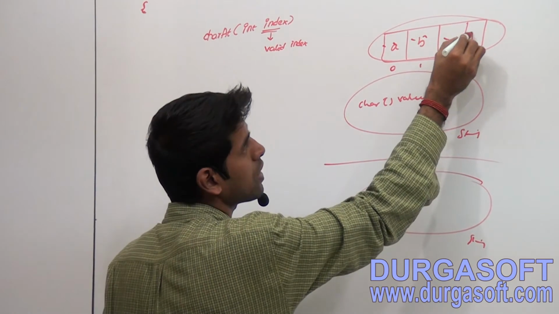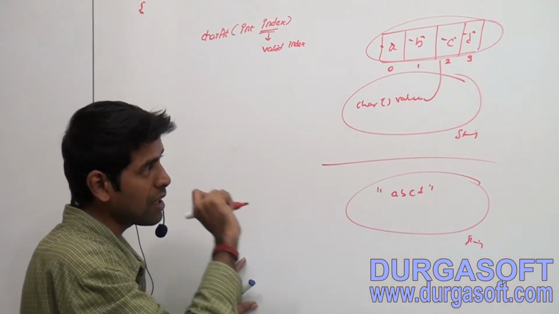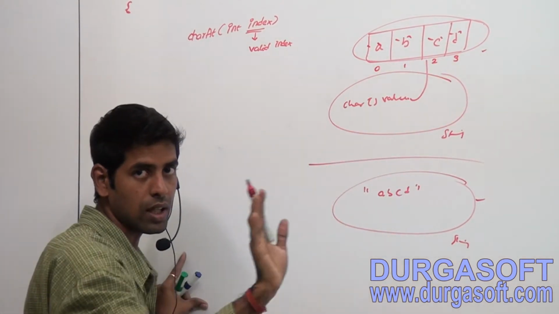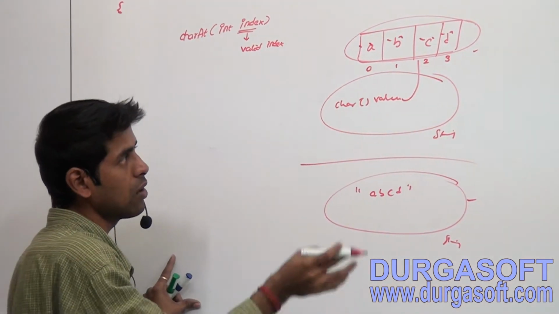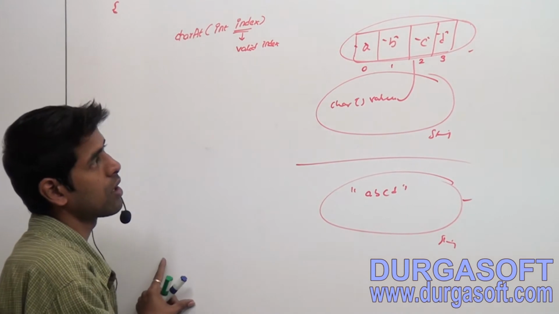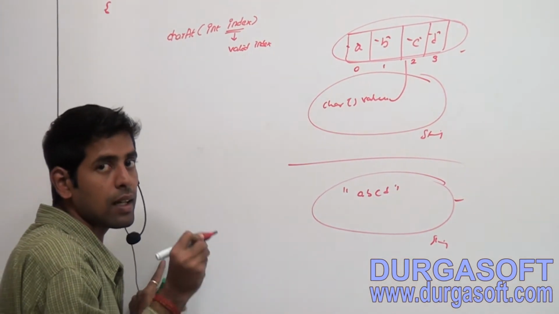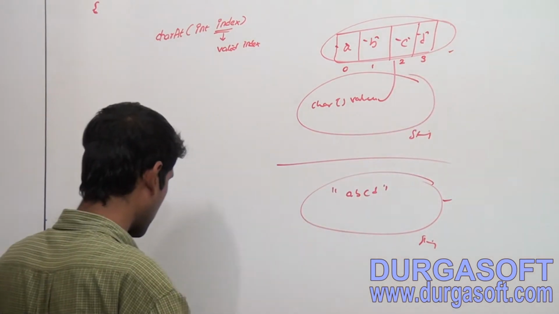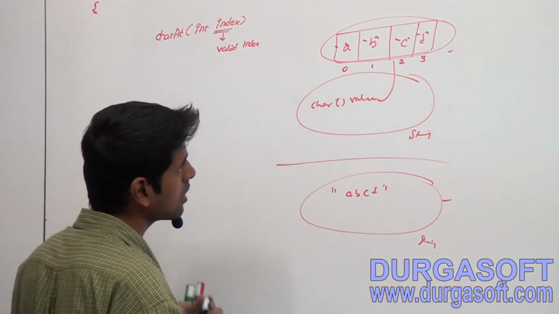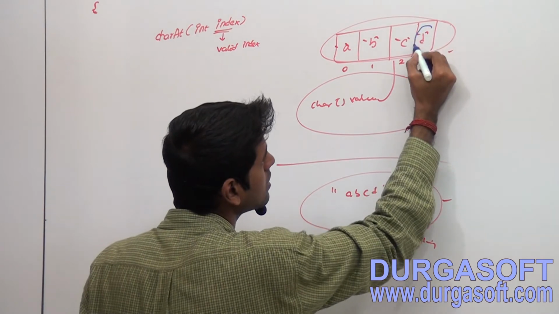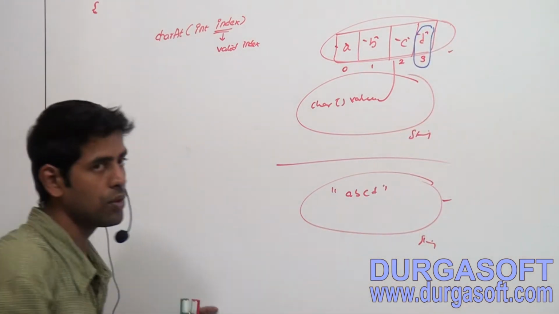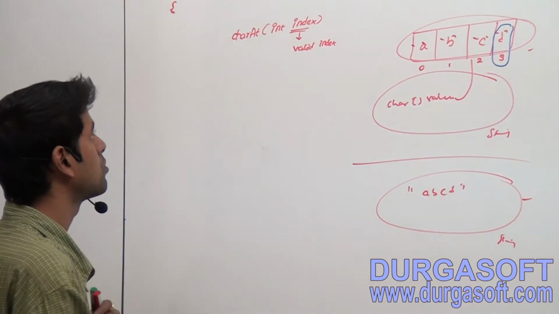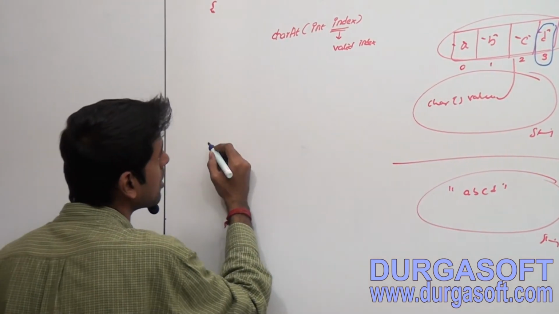And either this or this, both are the same. Now if I want a particular character available at the third index, which method do I want to use? The charAt method.